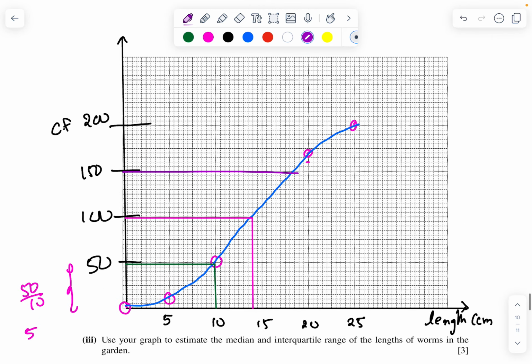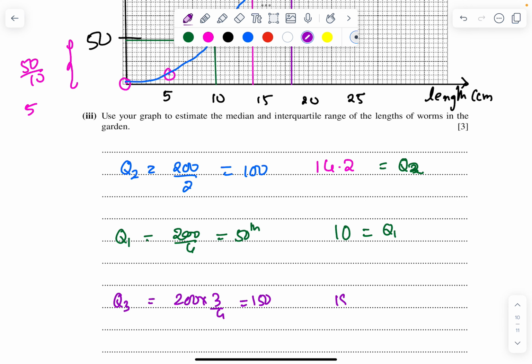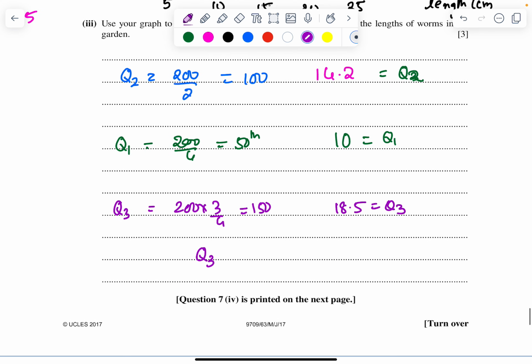So from 150, draw the line, hit the graph, and drop it down. So this is going to be something around 18.5. So 18.5 equals Q3. So Q3 minus Q1 is going to be 18.5 minus 10, which is going to be 8.5. That is the IQR.